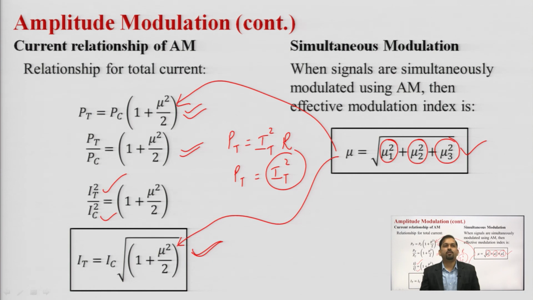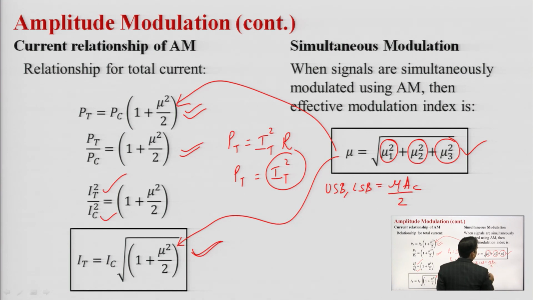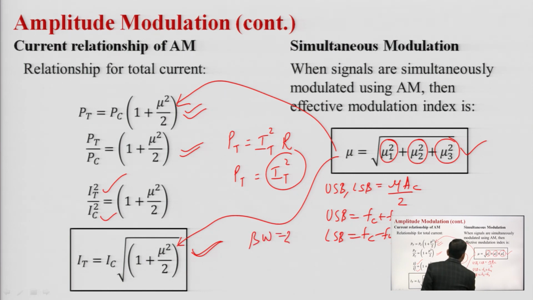So basically, if we summarize, we have seen for AM the amplitude of upper sideband and lower sideband, that one was mu Ac by 2. After that we have seen the frequency of upper sideband, which is Fc plus Fm. For lower sideband it was Fc minus Fm. Bandwidth, we have seen, is 2 times Fm.